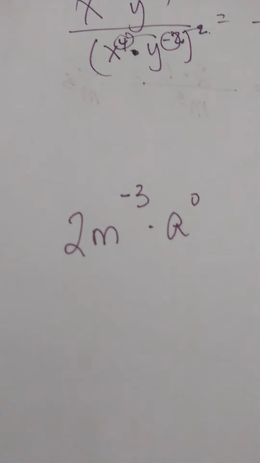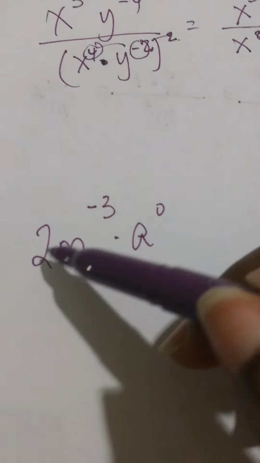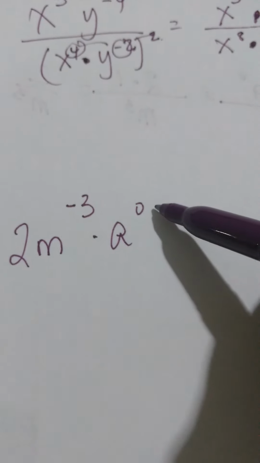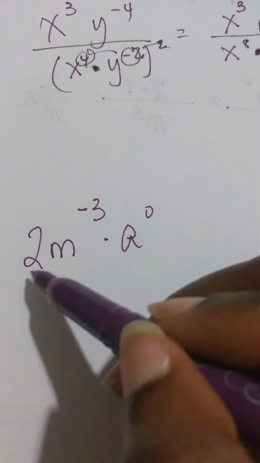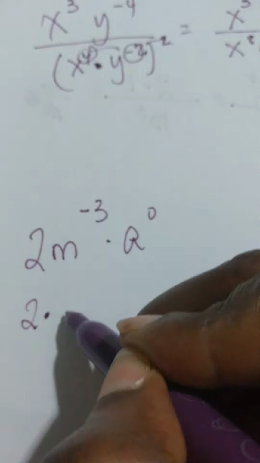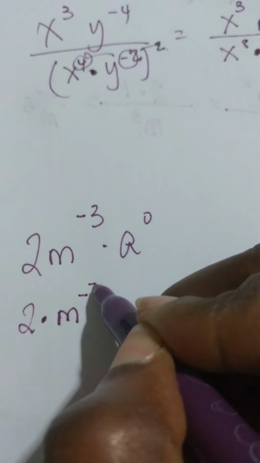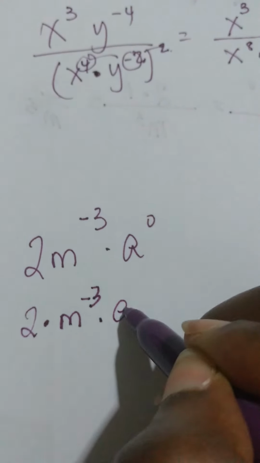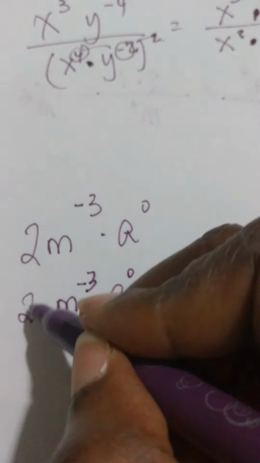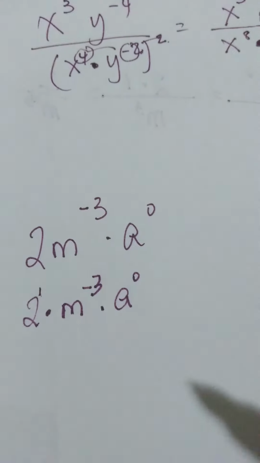All right, let's look at the final one. So I have 2m to the negative 3 times a to the 0 power. Well, 2m to the negative 3 just means 2 times m to the negative 3 power times a to the 0 power. Well, 2 is to the first degree.